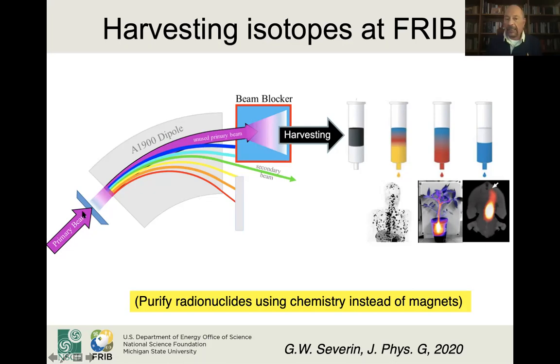You go through the target, and you block your unused primary beam here. So you produce your isotopes here, and from here you do the harvesting using chemical purification. This is now in the new center at FRIB at Michigan State University.